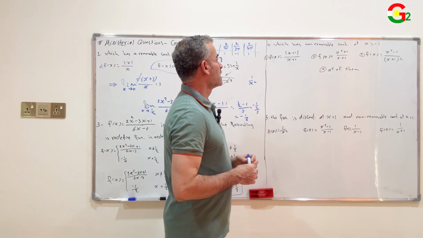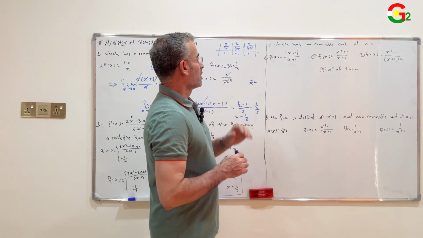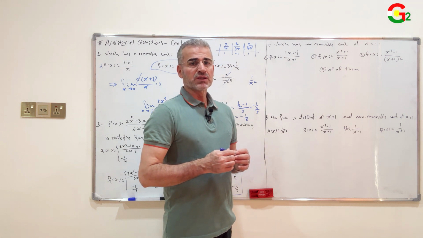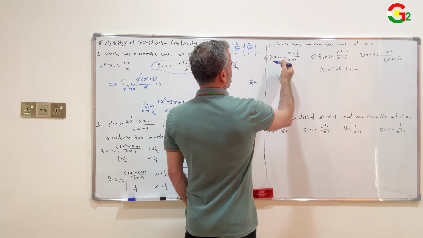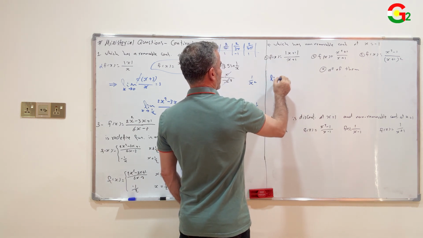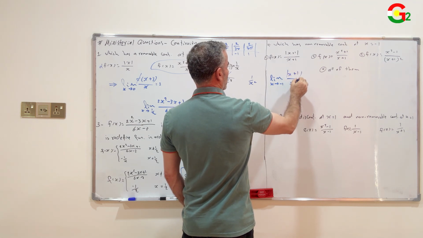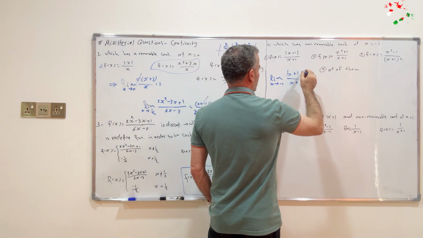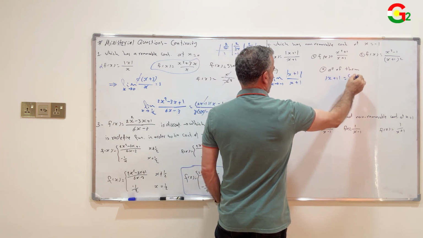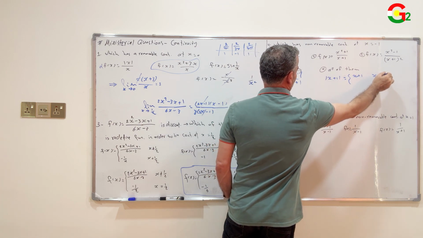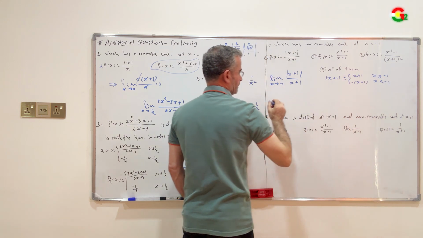Number 4, which has non-removable discontinuity at x equals negative 1. Non-removable discontinuity means a function with no limit when x approaches negative 1. Let me check the first one. Limit as x approaches negative 1 of absolute value of x plus 1 over x plus 1. To find this limit, I'll redefine the absolute value as x plus 1 when x is greater than or equal to negative 1, and minus x plus 1 when x is less than negative 1.